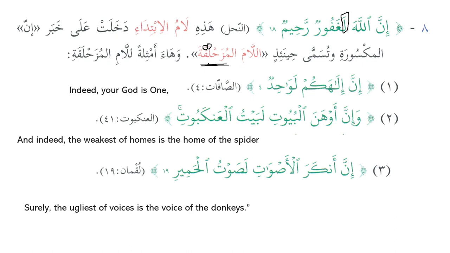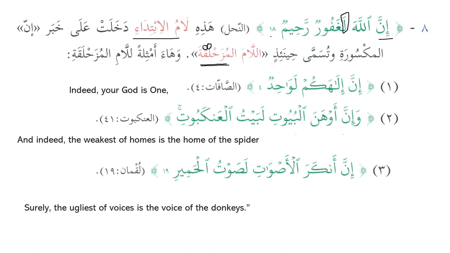This is also for taqeed, no? Taqeed, exactly. So we have now inna, which is used for emphasis, and we also have lam that is used for emphasis. Initially, we learned that this is lam al-ibtida, and it comes only on mubtada.